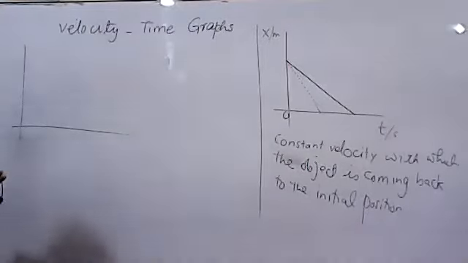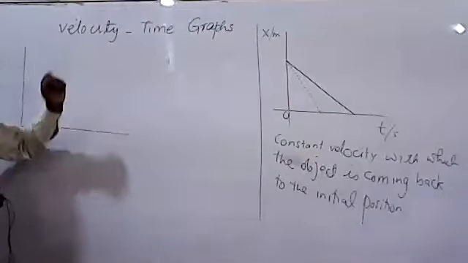We can discuss special cases so we understand what type of graphs we have in a given situation, and these are the situations we most of the time have in the past paper questions. For example, what should be the velocity time graph of an object if it is moving at a constant velocity?